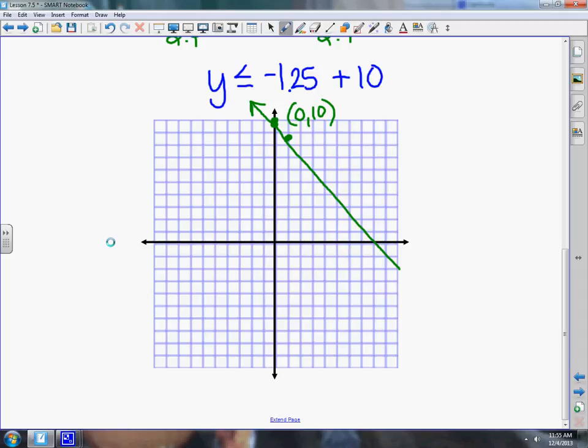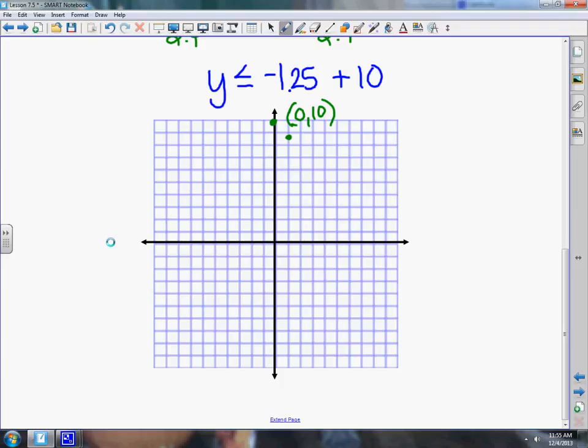Now I don't think my line is very good. Over 1, down 1.25. So if you just keep doing that, we could make a nicer graph. So I'm at 0, 10. Over 1, down 1.25. Over 1, this is not going to be very easy, is it?